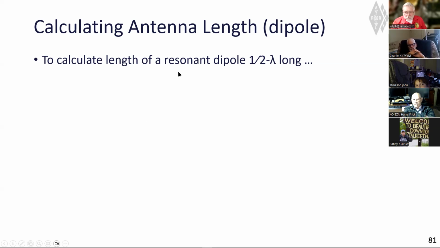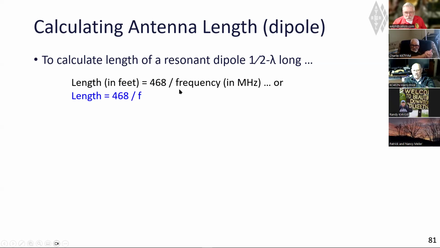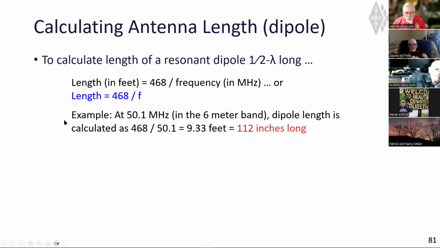Calculating antenna length in dipoles. To calculate length of a resonant dipole, a half wave long, the length in feet is equal to 468 divided by the frequency in megahertz. And as we talked about back in lesson 2, the other number you can use is 300 million meters per second divided by the frequency in megahertz.